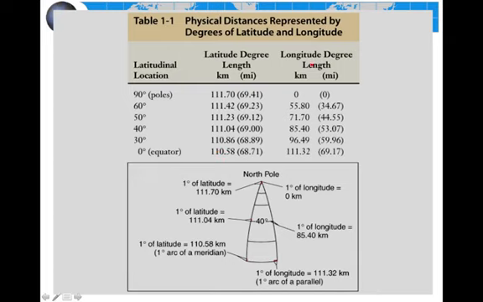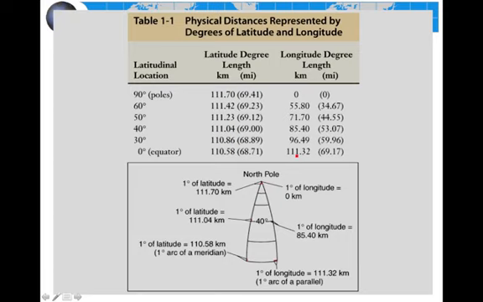However, longitude is a little different, because the arc is 1 degree here, and it is 1 degree here, but by the time you get to the North Pole, it's 0. So the distance here is greater between meridians than it is at the pole. You can see this here: 0 at the pole, about 111 miles at the equator.